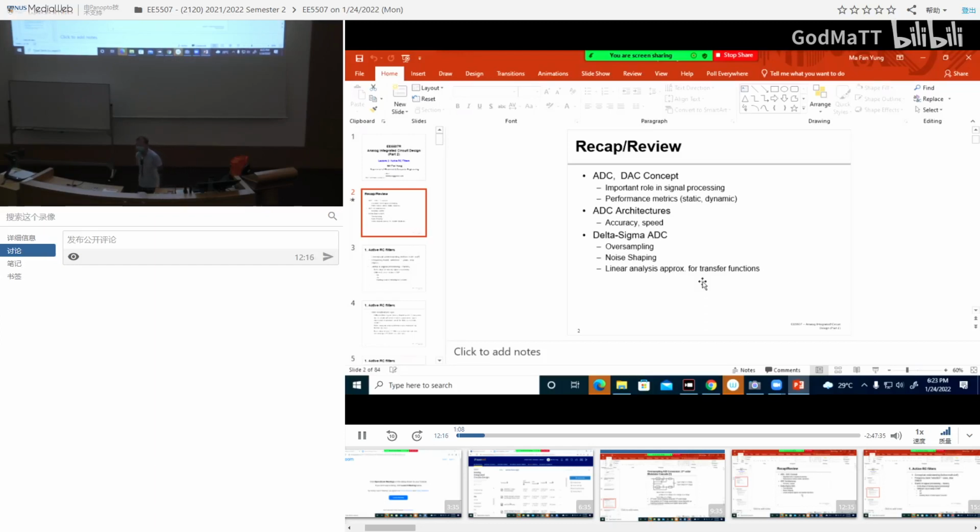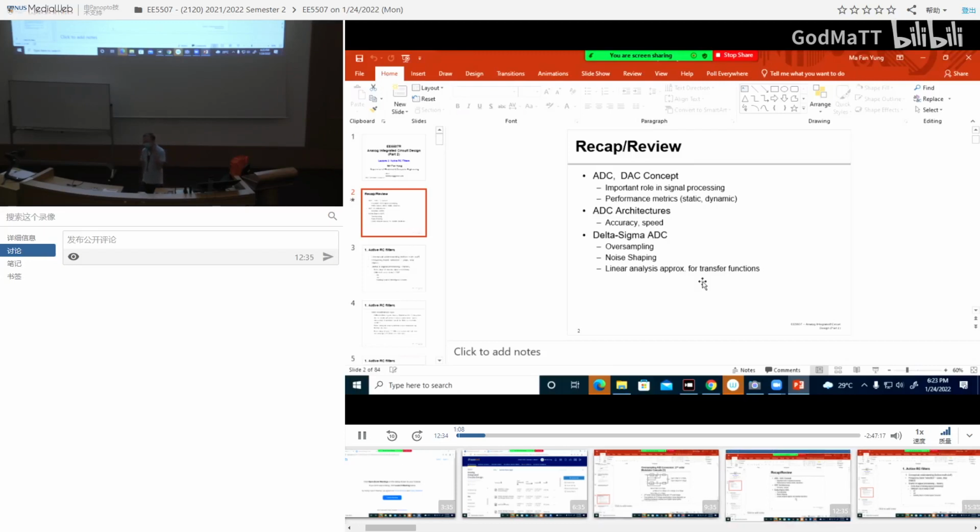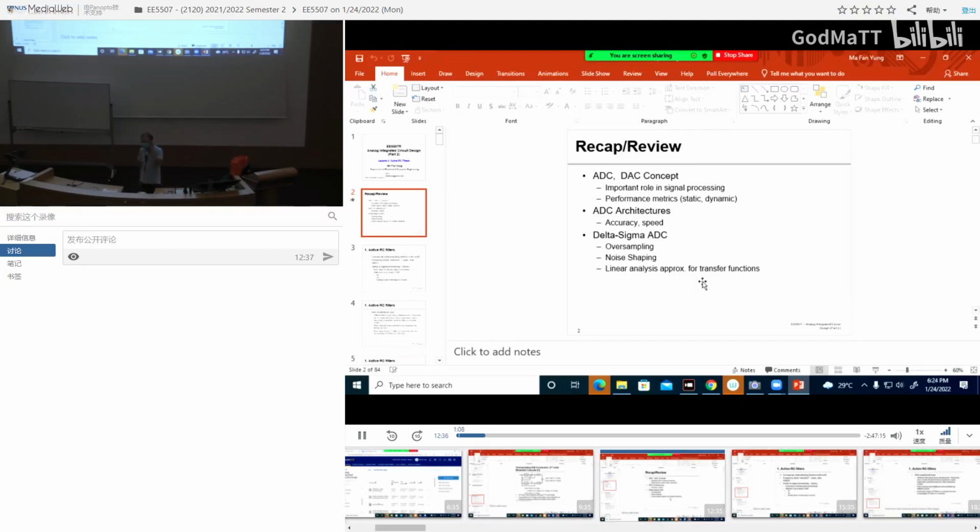Anybody know? Okay, it's an approximation because the actual circuit is not fully linear. All right? It is not fully linear because of which element? Which element in the delta sigma circuit is not fully linear?